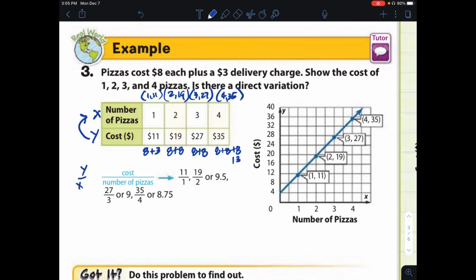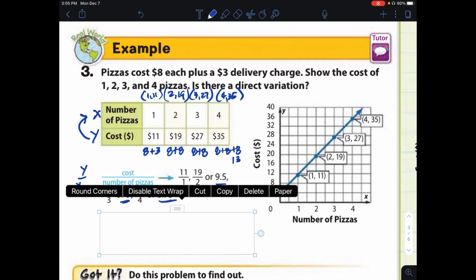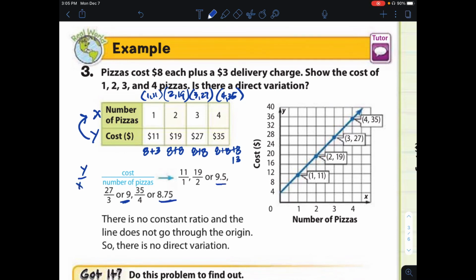Number of pizzas: 11 over 1, 19 over 2, or 9.5. If you notice, we don't have a constant ratio because this is 9.5, this is 9, this is 8.75. There is no constant ratio. Therefore, and the line does not go through the origin, so there is no direct variation.